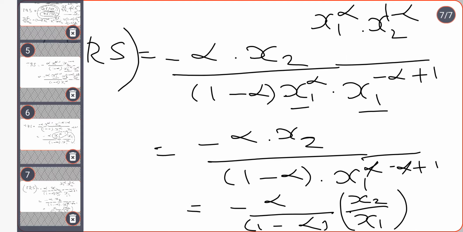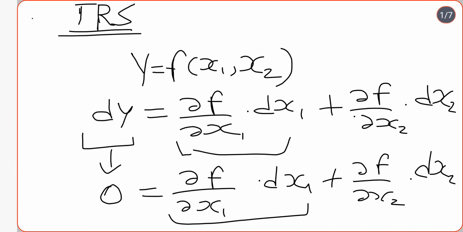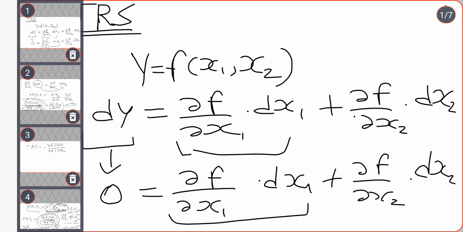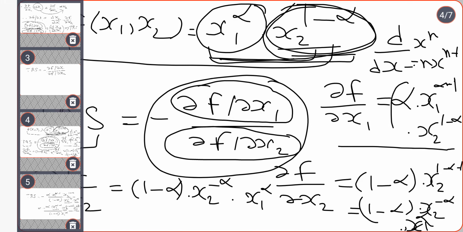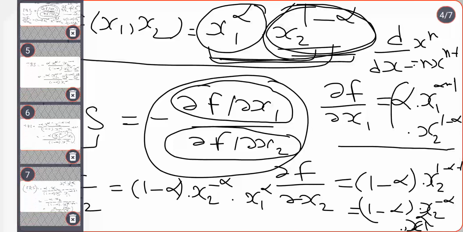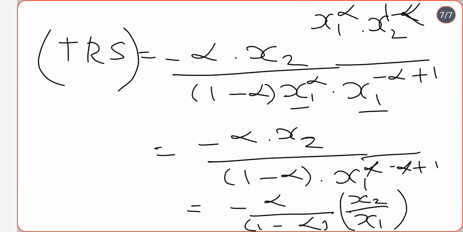This was the function that we have done, the Cobb-Douglas function, and we are finding the technical rate of substitution of this function. And what is the answer? The technical rate of substitution of this function is basically minus alpha by 1 minus alpha into x2 by x1.